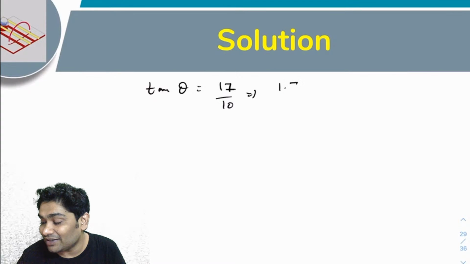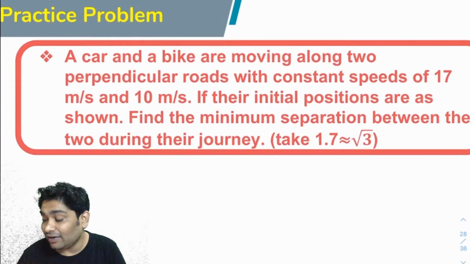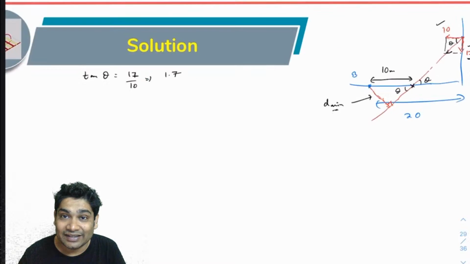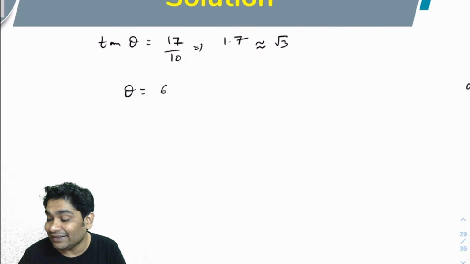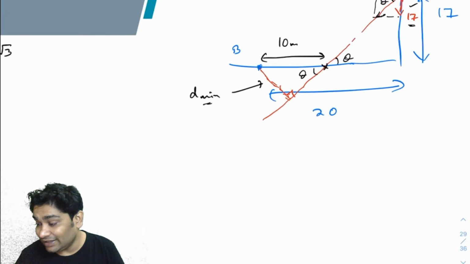So 1.7. And I've been told to take 1.7 as roughly root 3. So that means theta is 60 degrees.